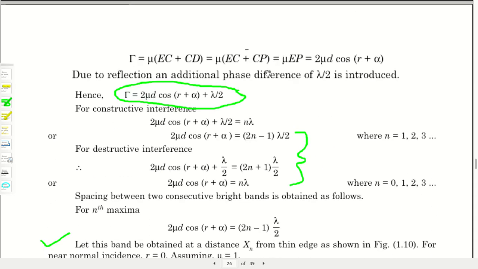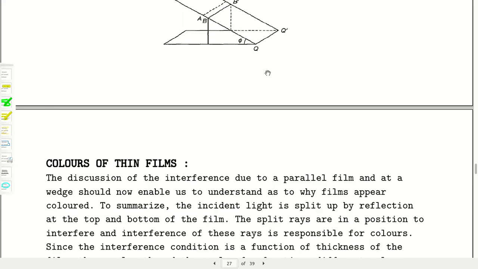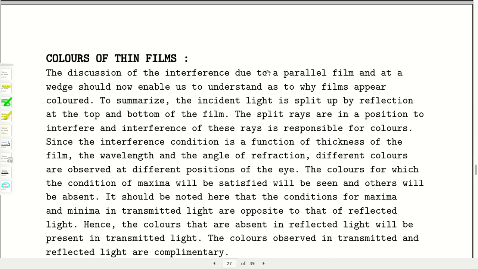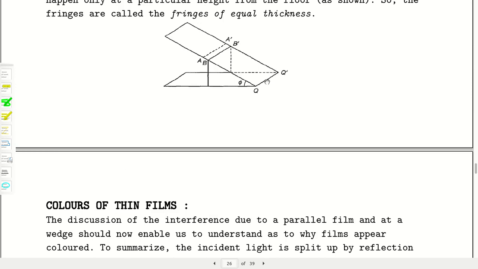top inclined surface. But if you use white light, then every color will satisfy the minimum condition at the end point, because it is independent of the wavelength, it is independent of the thickness, and the thickness is 0 there. But after that, when the thickness increases, then depending upon the value of lambda, at some point there will be max for red and min for violet.